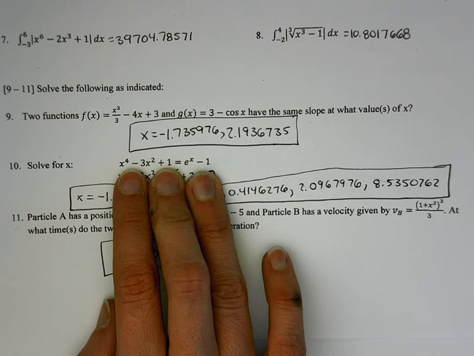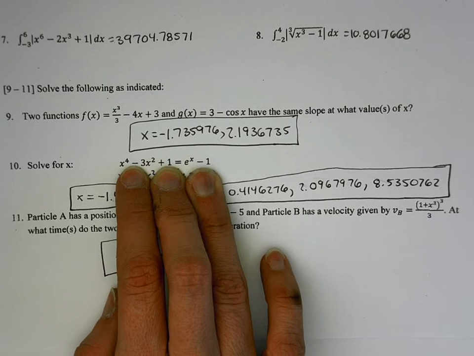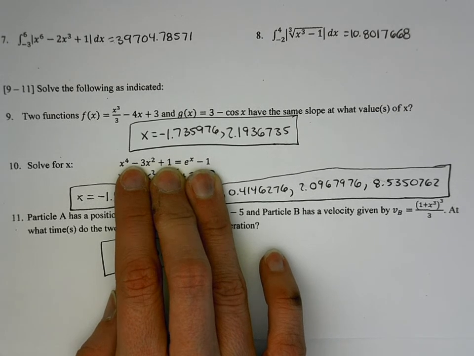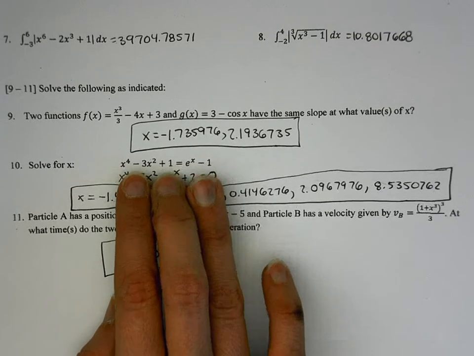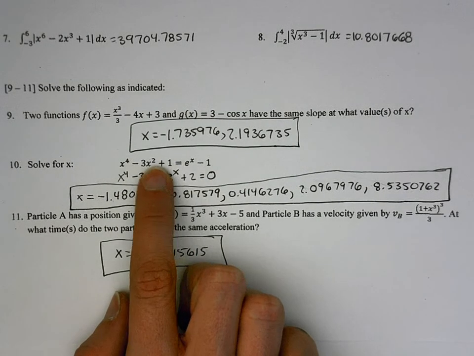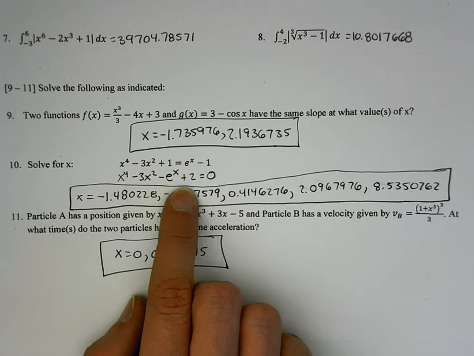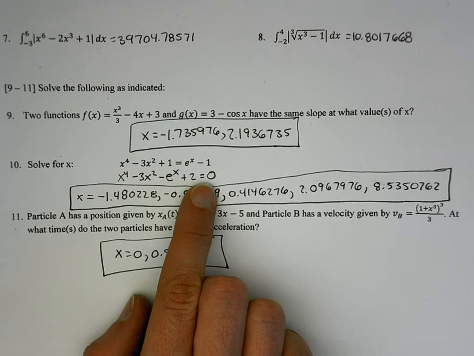Given these 2 things that are equal, the first step, if I'm going to use my calculator, is to get this equation to equal 0. You can technically do that by subtracting the stuff on the left over to the right, or the stuff on the right over to the left. But you've got to get it equal to 0. So in this problem, I subtracted the e to the x over, and I added 1. And now it equals 0.